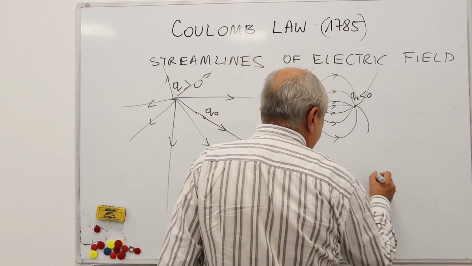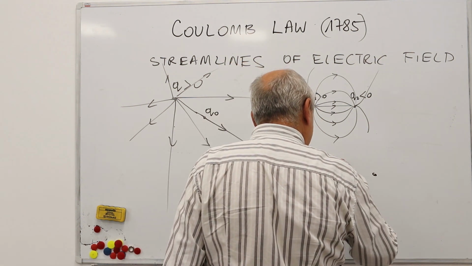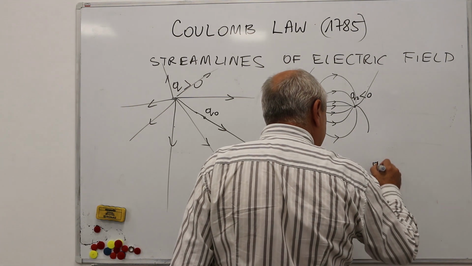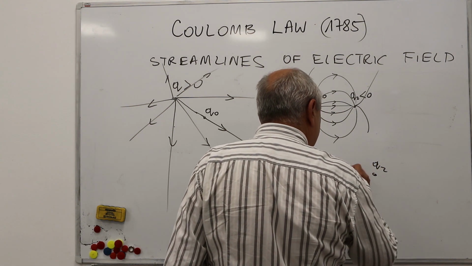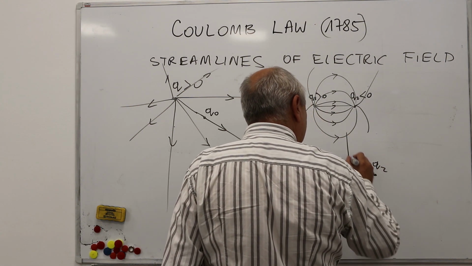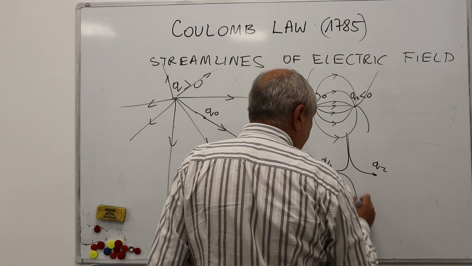For two positive charges it is a little more complicated because the lines have such a shape.